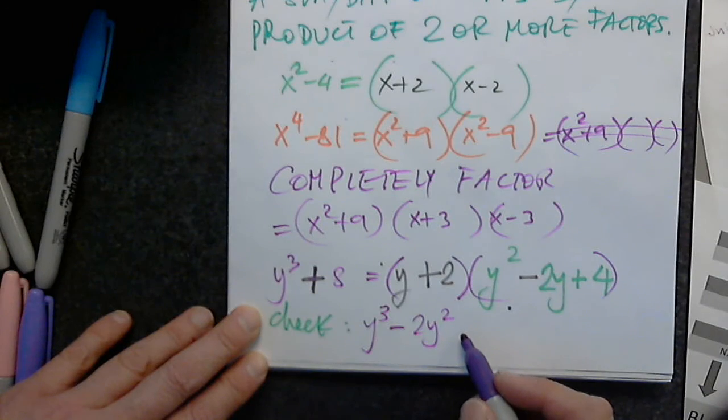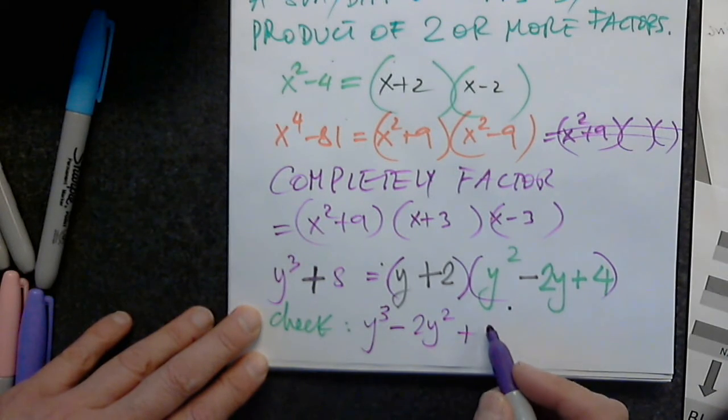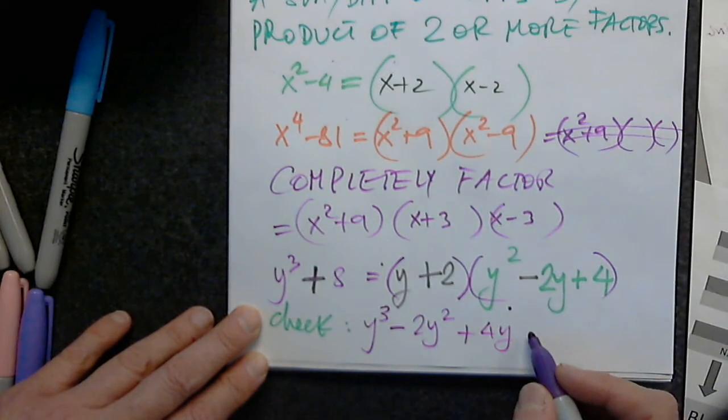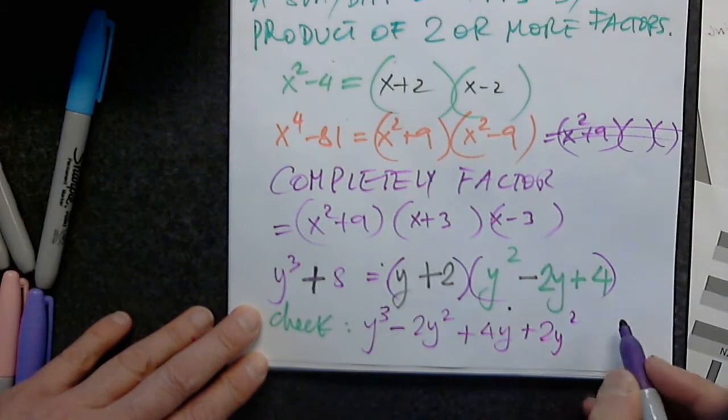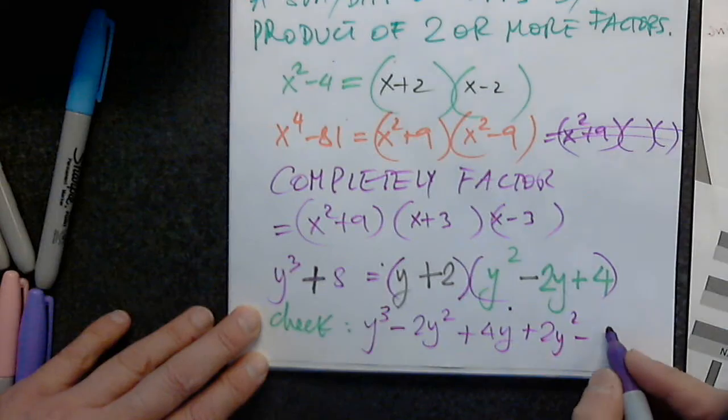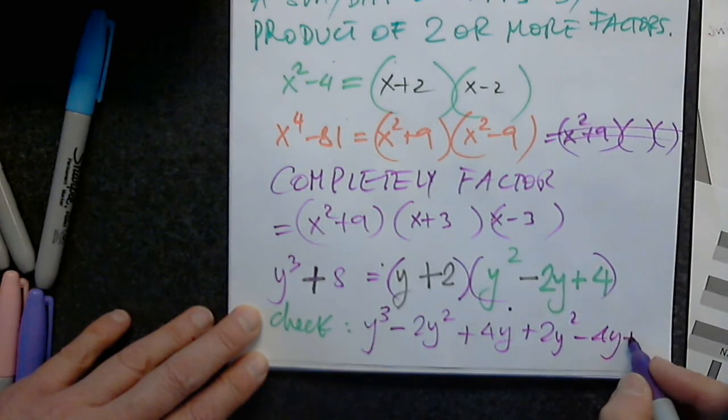Then plus 4y, plus 2y squared, minus 4y, plus 8.